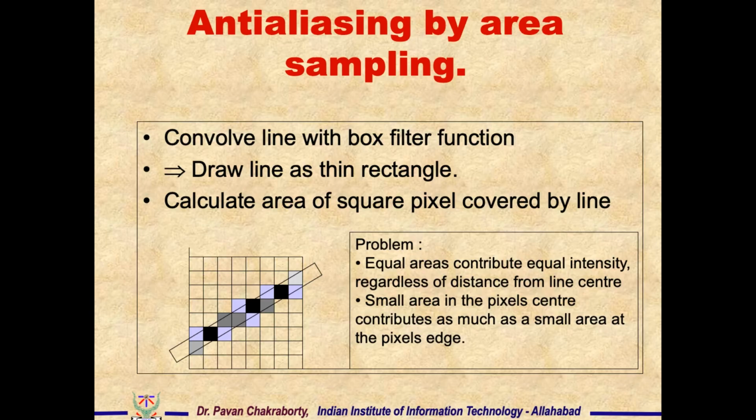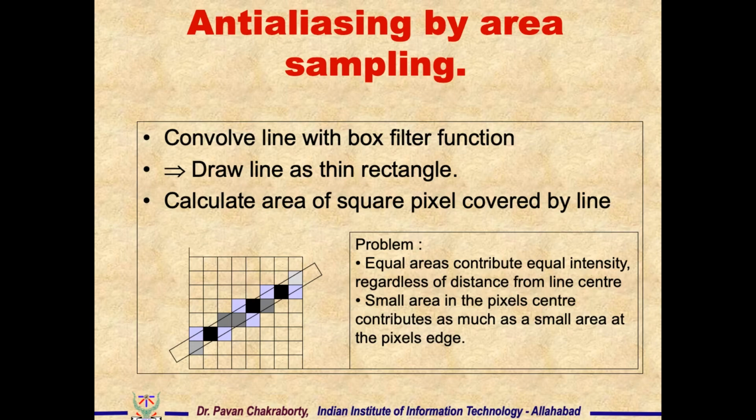Anti-aliasing by area sampling. Up to now, what we have seen is that we have fitted a profile curve. Now can we assume a sampling of area? If we assume the line to be of thickness 2d, then we could see that there are some pixels which are half occupied or quarter occupied by the line.